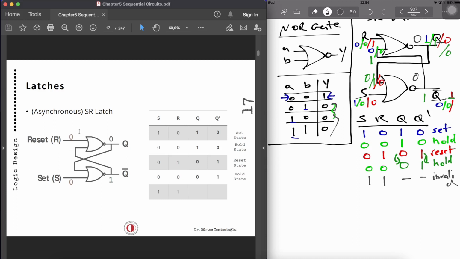So when both are 0, as we have the previous output kept over there, that will be fed in. 0, 1 will give you 0, and 0, 0 will give you 1, and we have got the same as the previous one. And when both are 1, that means both outputs are going to be 0, which is not possible as one of them is representing Q bar, so it's an invalid state.